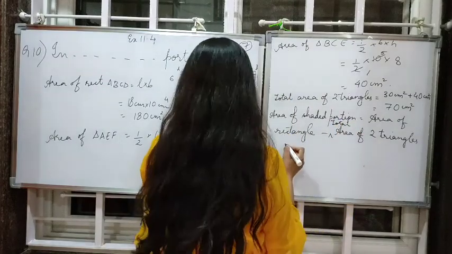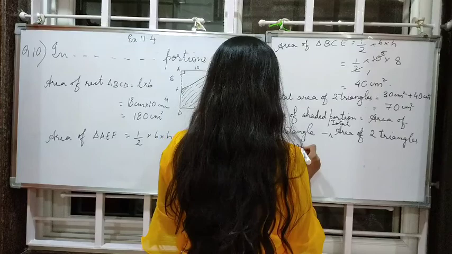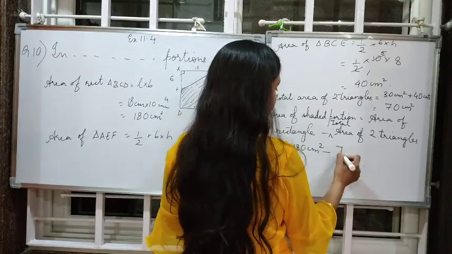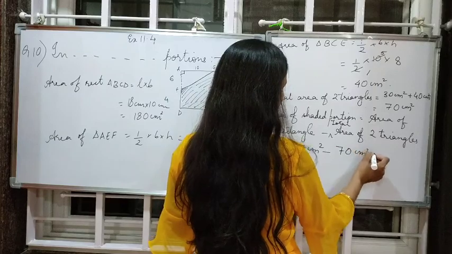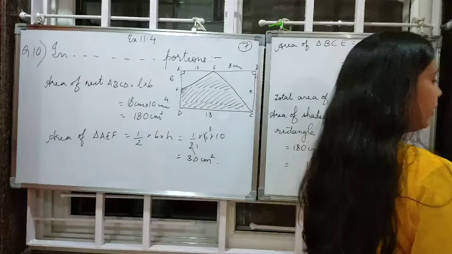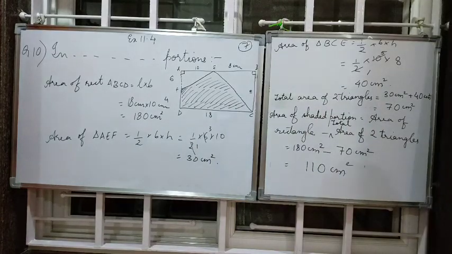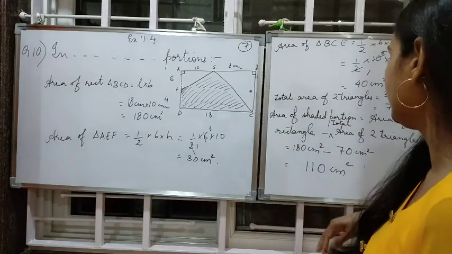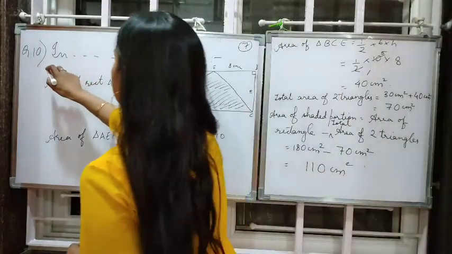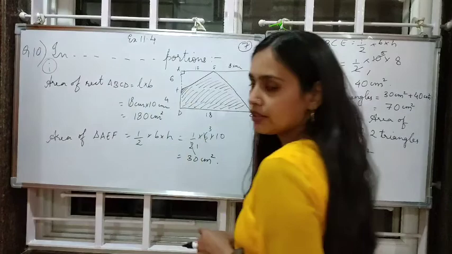So that is 180 centimeter square minus 70 centimeter square, which is equal to 110 centimeter square. So this completes the first one, the A part.